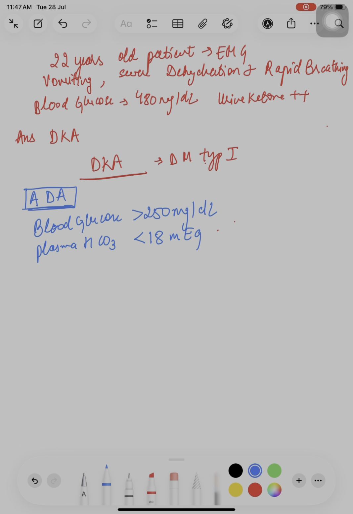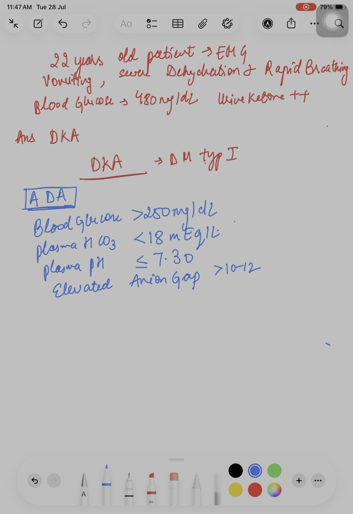Next is elevated anion gap, more than 10 to 12. Next is evidence of ketones in blood or urine, right? So these are the ADA criteria for labeling the patient as diabetic ketoacidosis.